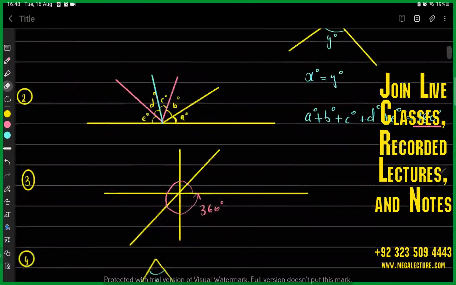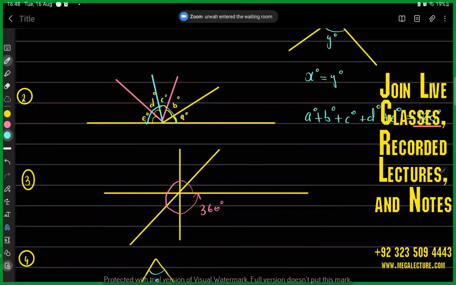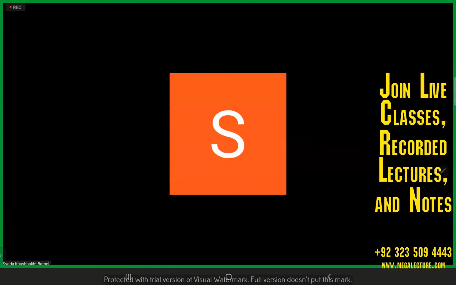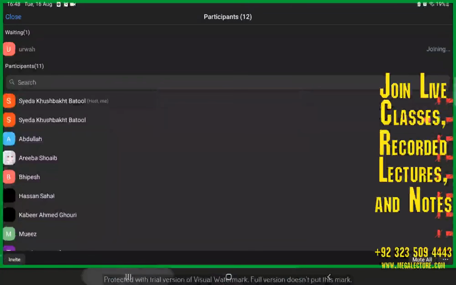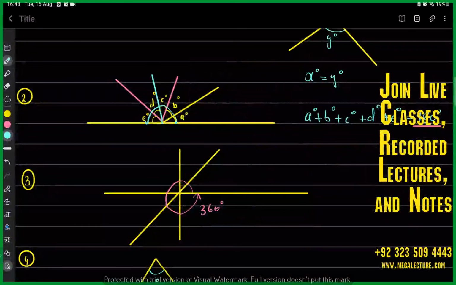The second property was just this, that sum of angles on a straight line is 180 degrees. So if we start off from this point, we add A, B, C, D, E. This is going to be 180 degrees. Always remember this, okay? It's 180 degrees for a straight line, and sum of angles in a circle is 360 degrees.